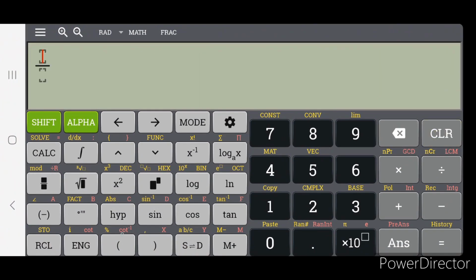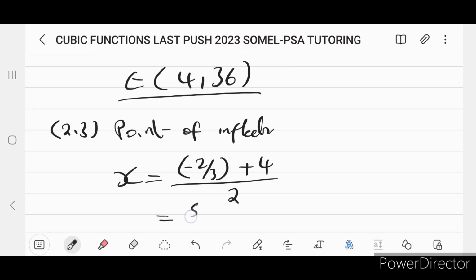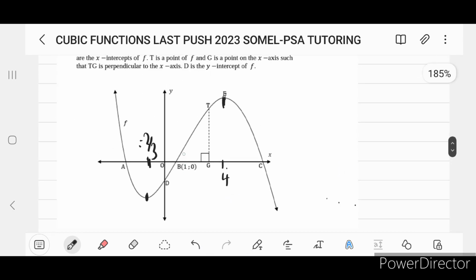So negative 2 over 3 plus 4, all divided by 2, that is 5 over 3. That is my point of inflection.